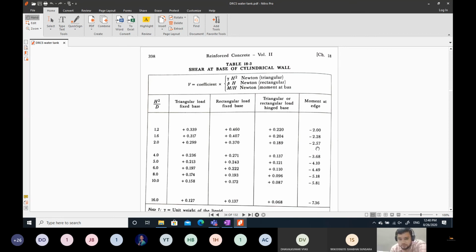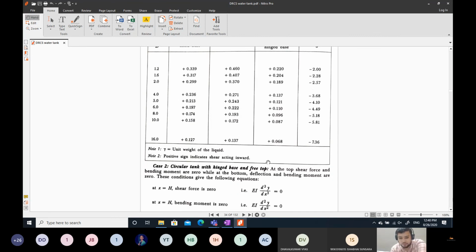Then this is the shear force at the base. Okay, so for shear force at the base, triangular load fixed base, rectangular load fixed base. Based on that, you get these tables, which are given in IS 2370.